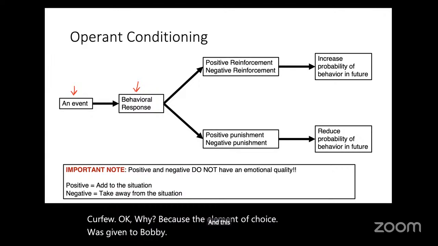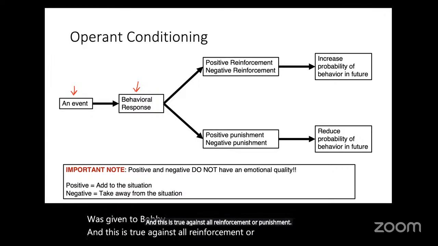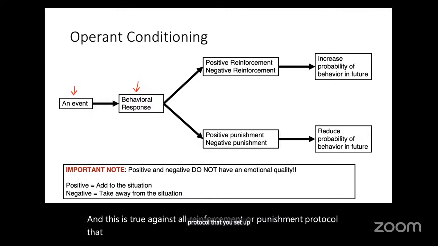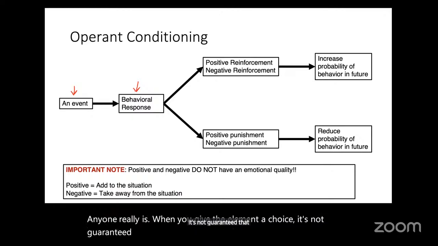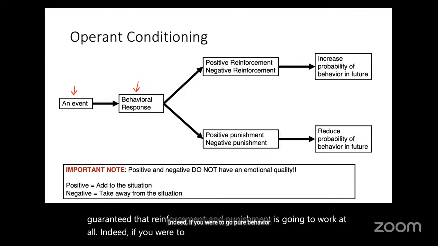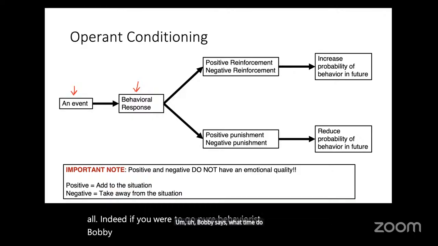And this is true against all reinforcement or punishment protocol that you set up with kids, adults, anyone really: when you give the element of choice, it's not guaranteed that reinforcement and punishment is going to work at all. Indeed, if you were to go pure behaviorist, Bobby says, what time do I need to come home? 11.